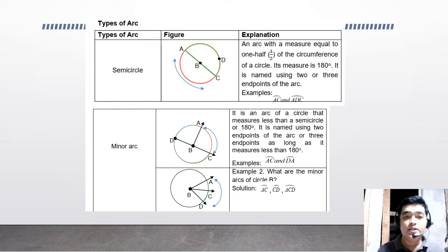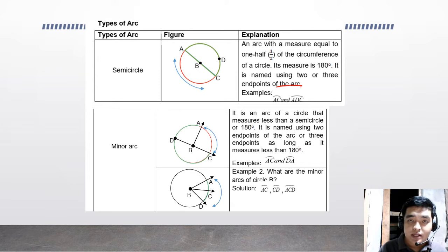We also have types of arcs. We have semicircle, minor arc, and later we have major arc. A semicircle, I think you are all familiar with, meaning half of a circle. An arc with a measure equal to one half of the circumference of a circle that measures 180 degrees. It is named using two or three endpoints of the arc.